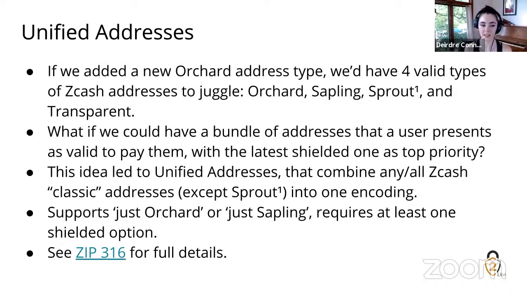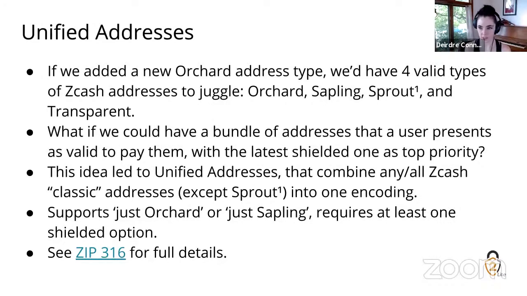So it was getting hard from a user's perspective to have a keychain of your ZEC addresses about which one you want to hand out to people. In our minds, ideally you would say, if you support Orchard, send money to my Orchard address. But if you don't support Orchard, maybe send to Sapling. And if you don't support any of them, send it to my transparent one. And as of, I think, Canopy, you cannot send money to a shielded Sprout address. You can only take money out of a shielded Sprout address.